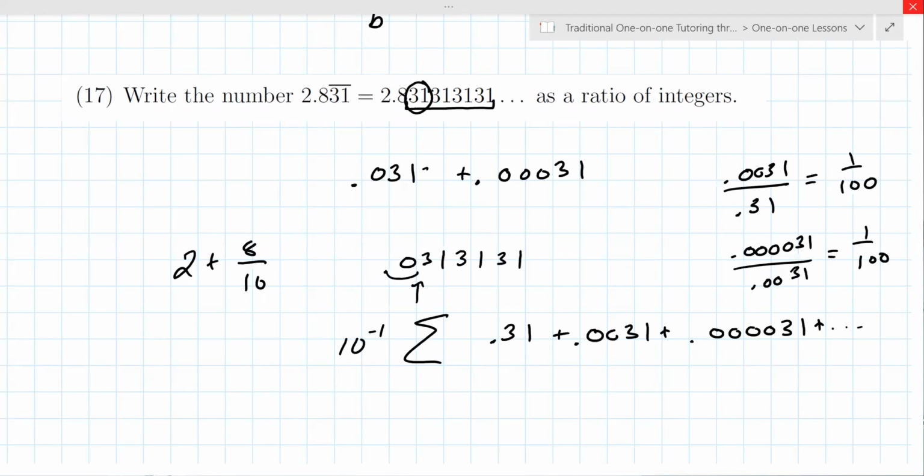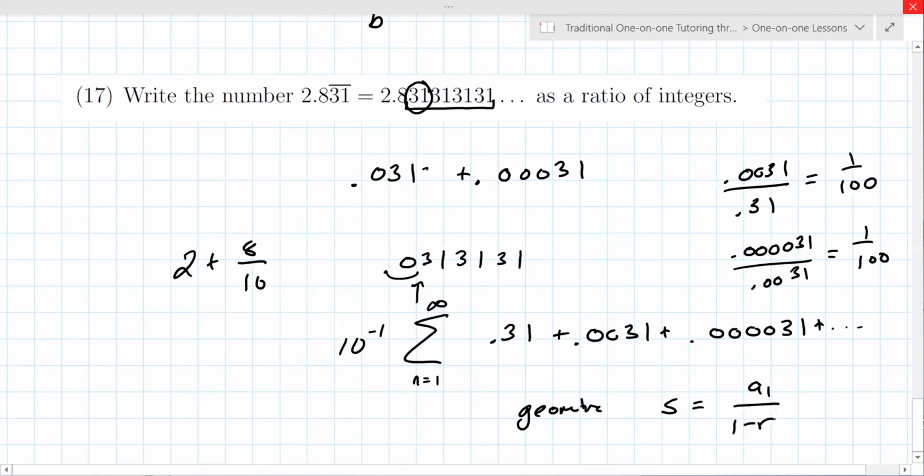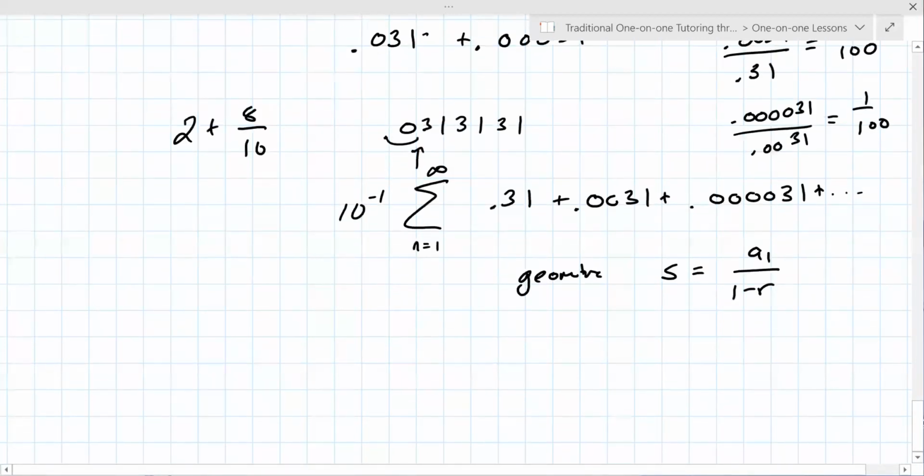All right. So this is a geometric series on the right here from n equals 1 to infinity, and because it's geometric, you know that the sum is equal to a1 over 1 minus r. Remember that from previous lessons.